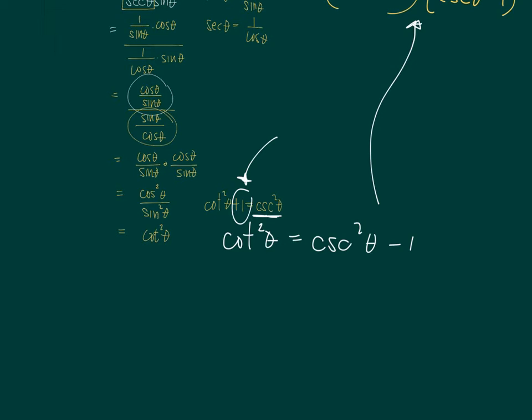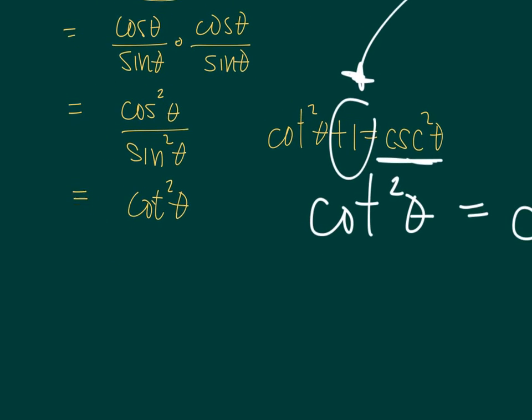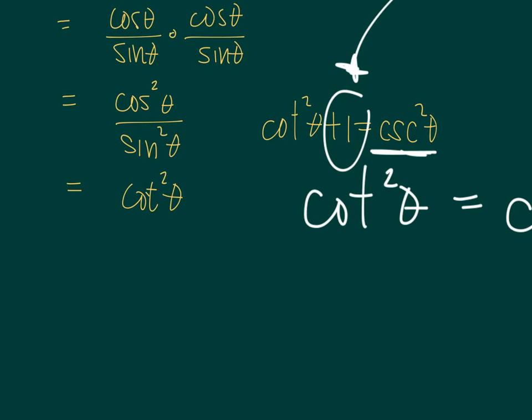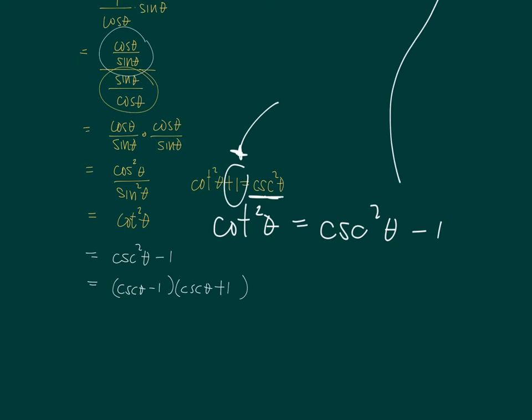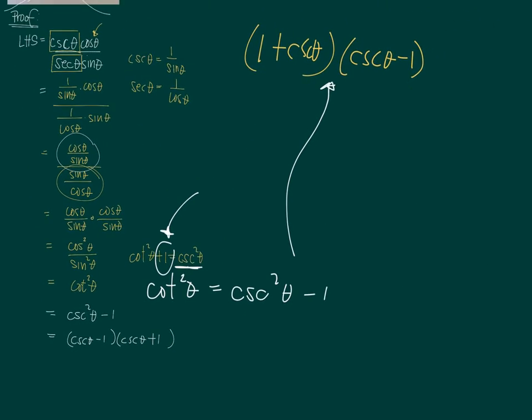So in our step here, cotangent squared theta should be replaced by cosecant squared theta minus 1. Now, I hope that you could see this as an algebraic expression in some way, because you can actually factor this into cosecant theta minus 1 times cosecant theta plus 1, which is almost the one that we need.